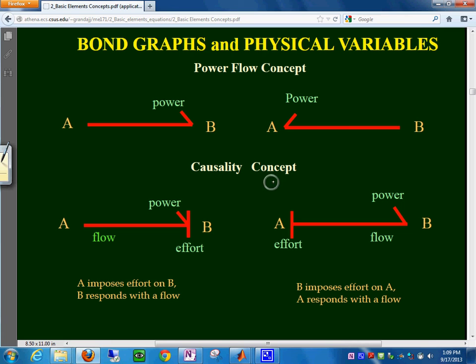But the causal concept establishes a relationship for this form, or a relationship like this. So it could go either way. Any question about this? No?